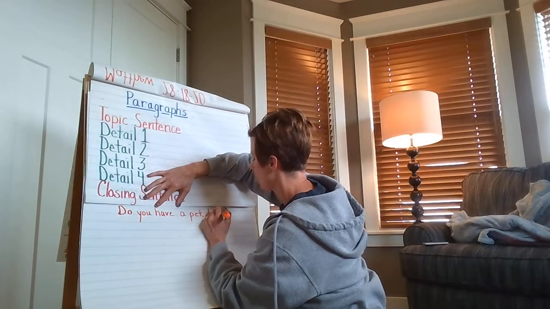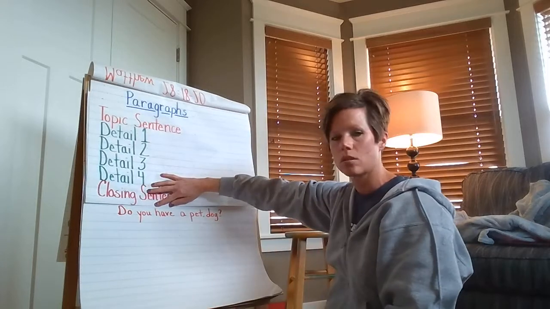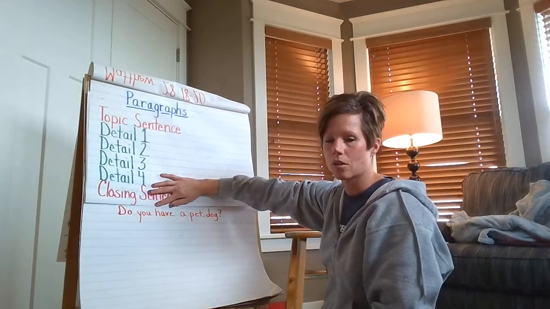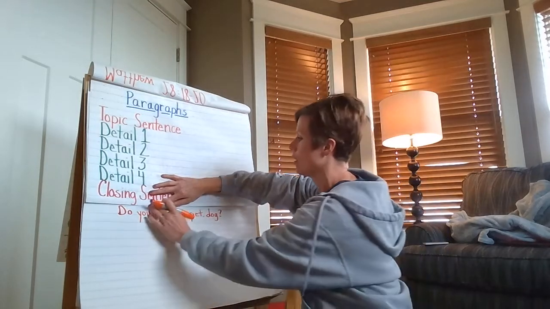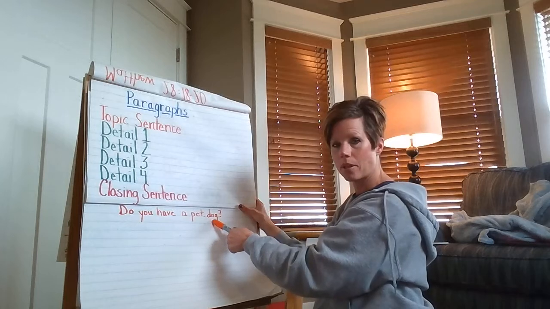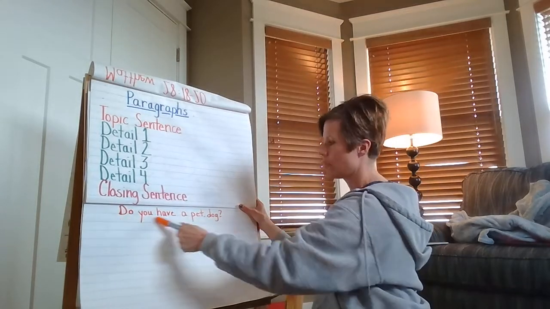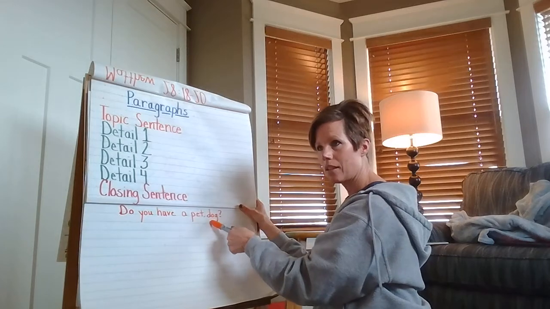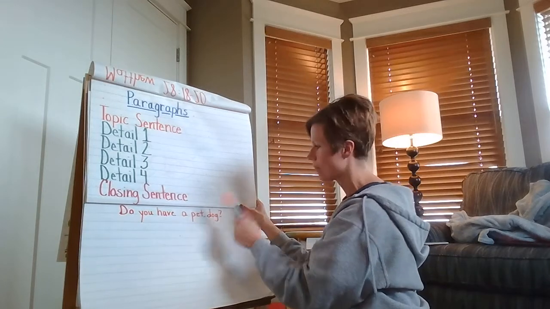Remember, one of the things that we could use to start out our writing is to ask a question. It's a great way to start your paragraphs. Okay, do you have a pet dog? Now, what is my topic? Dogs. This is my topic sentence, and it has to have the topic in the sentence, okay? All right, so I'm good.